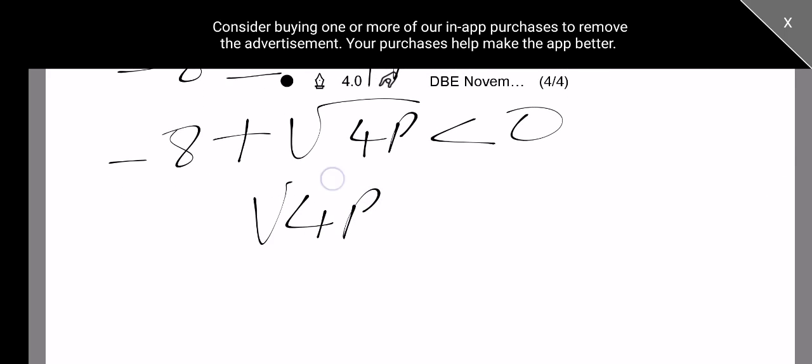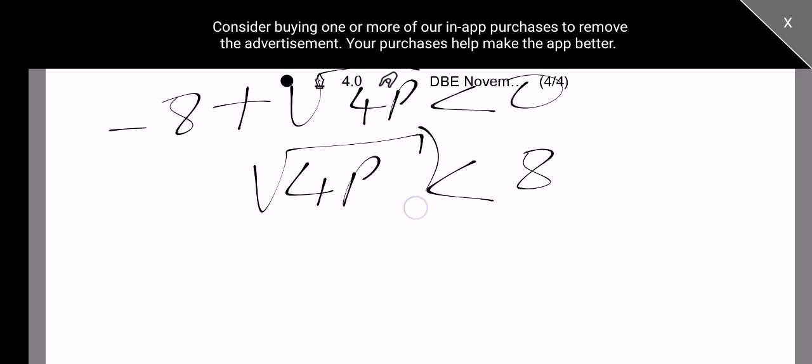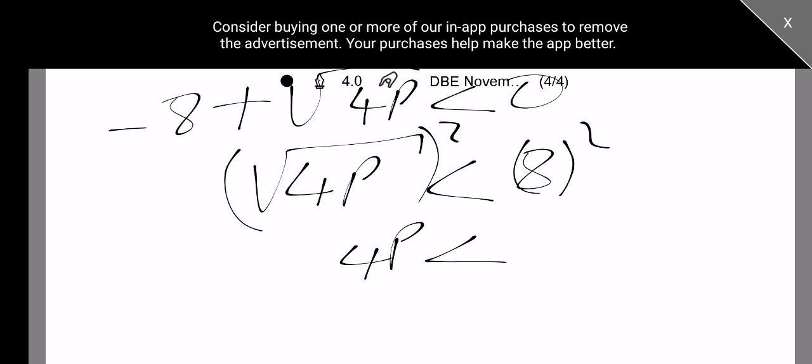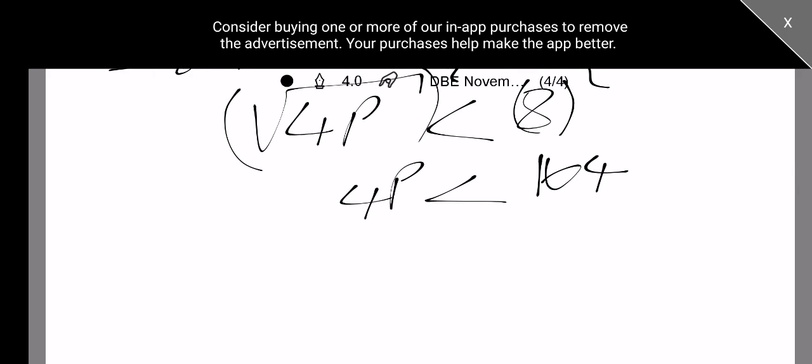The square root of 4p is less than 8. Then remove this square root sign by squaring both sides. 4p is less than 64. Now divide by 4 both sides. You're going to be left with p is less than 64 divided by 4 is 16.